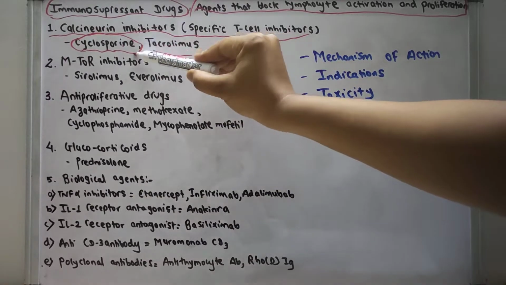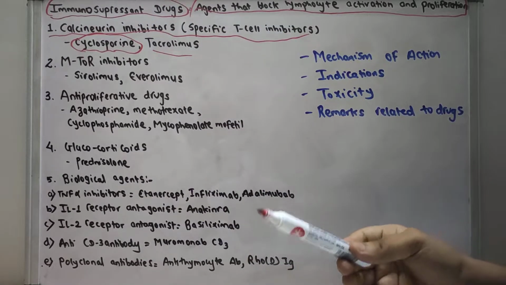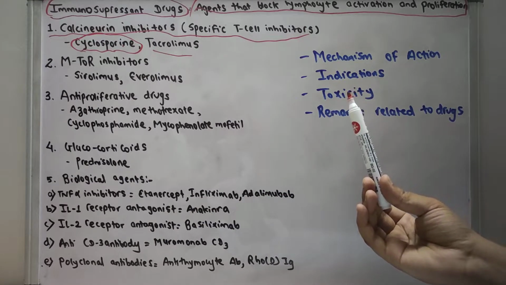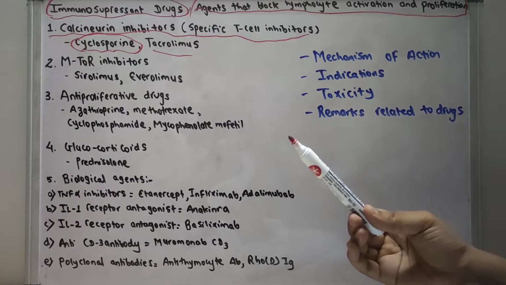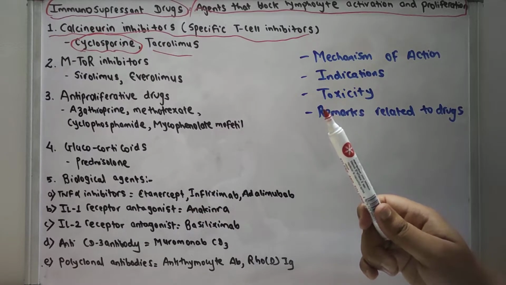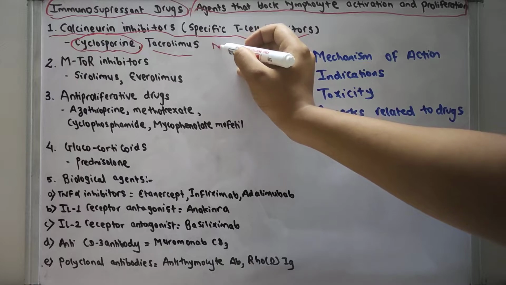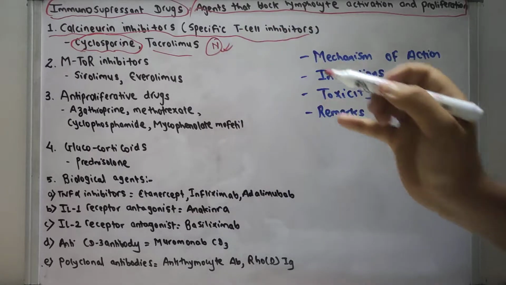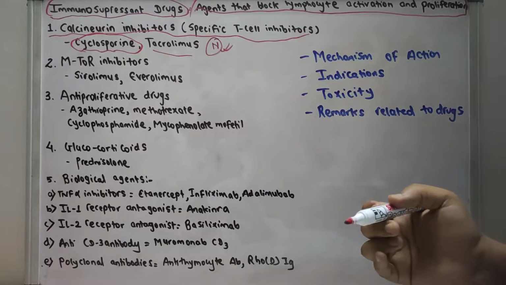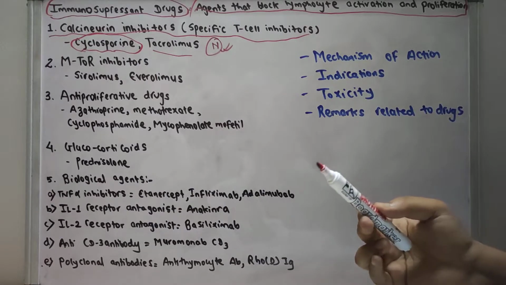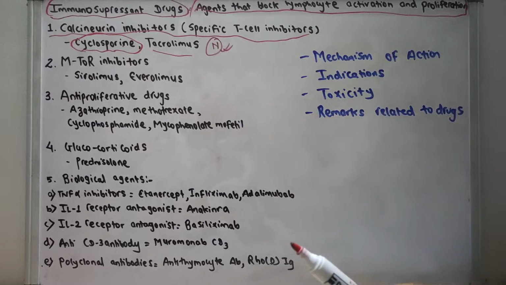The indications of cyclosporin are psoriasis and rheumatoid arthritis. The main toxicity is nephrotoxicity. Other toxicities are hypertension, hyperlipidemia, neurotoxicity, gingival hyperplasia, and hirsutism.